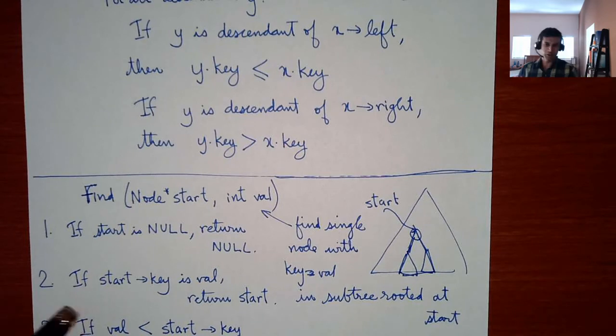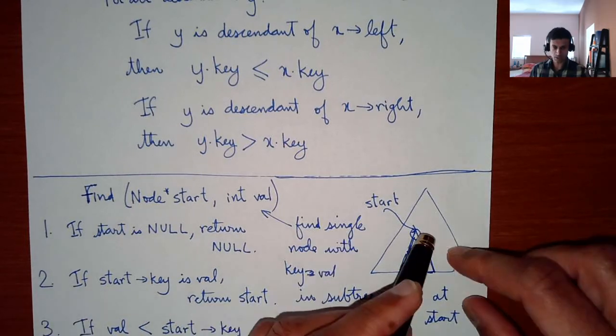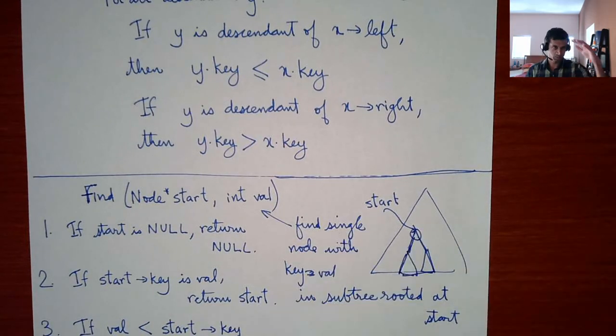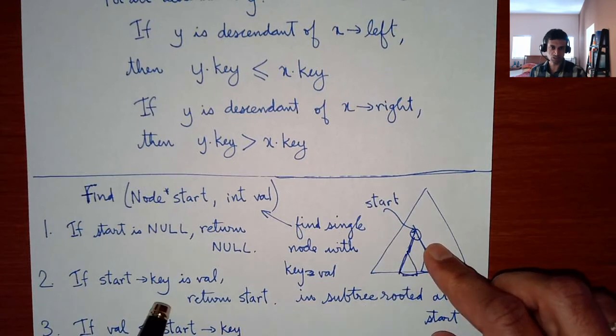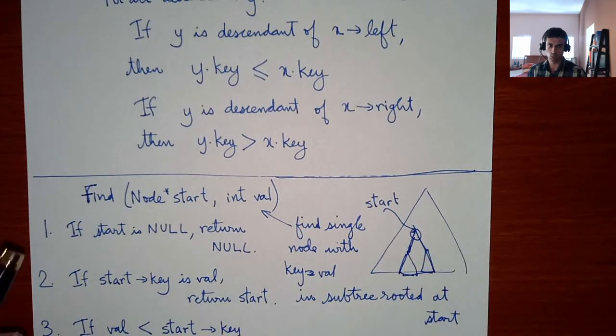If there are duplicates, then there could be multiple keys in here. This just returns the highest one. Any further questions?